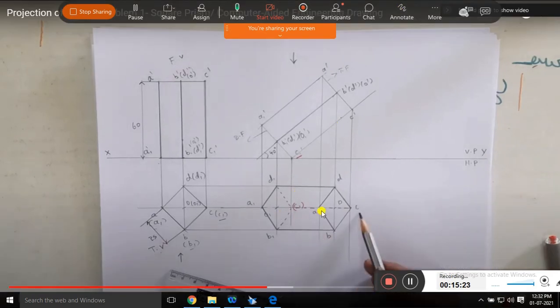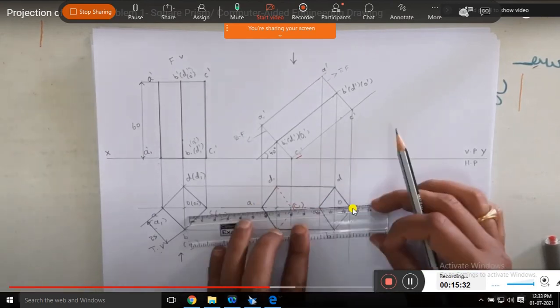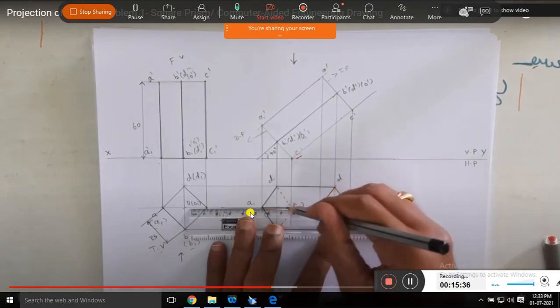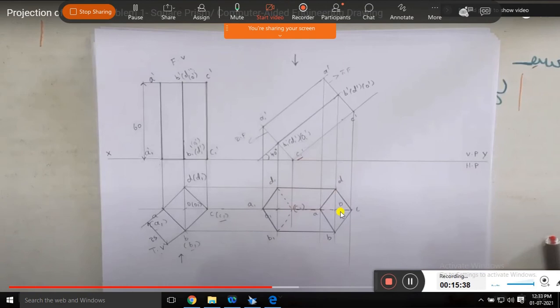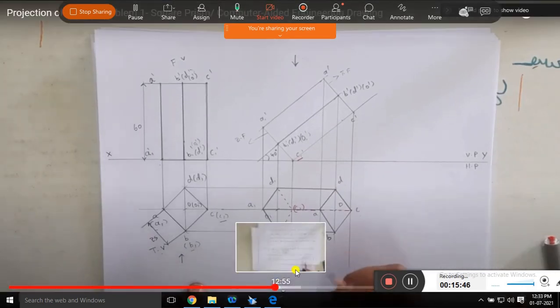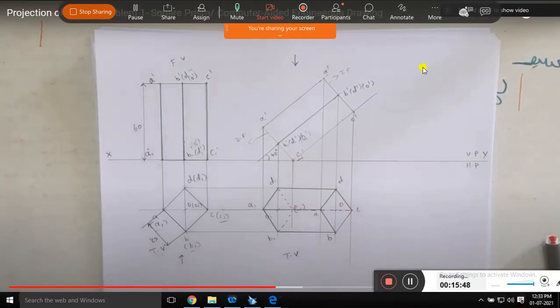And O1 and O is there, that is A1, O1, C1, all lines should be in line so that they are not visible. Means the visible edges are thickened so that all these edges are merged in that. And this is a top view.